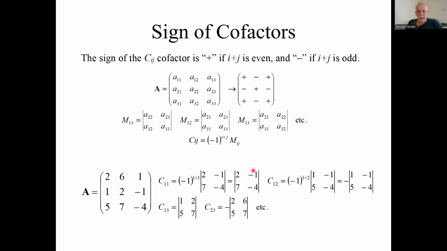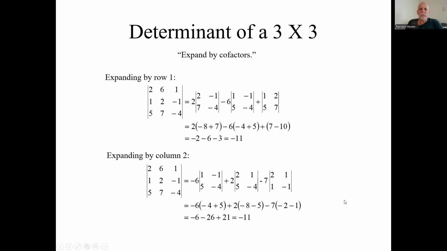Minus 8 plus 8. Let's see, the 1, 2 term. It'll be 1 minus 1, 5 minus 4 for that part. But 1 plus 2 is odd, so there's going to be a minus there. Anyway, that's how you calculate minor determinants and cofactors.